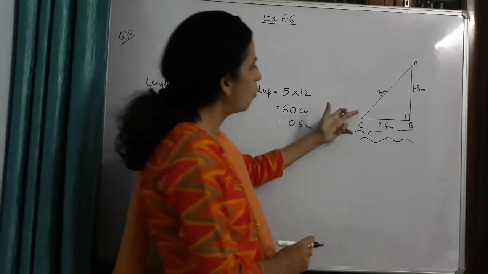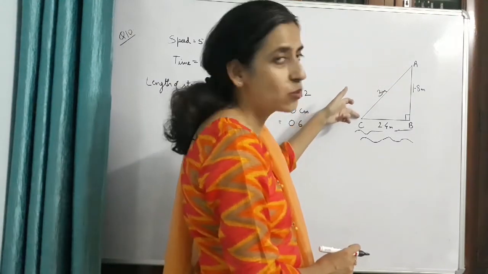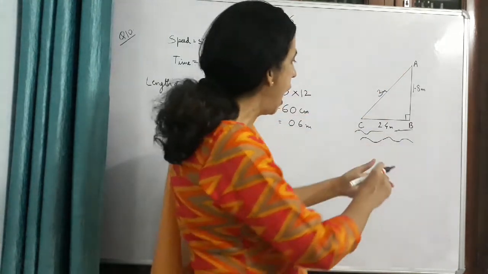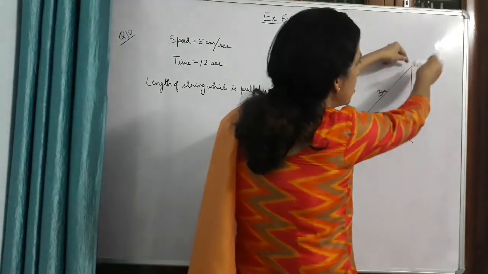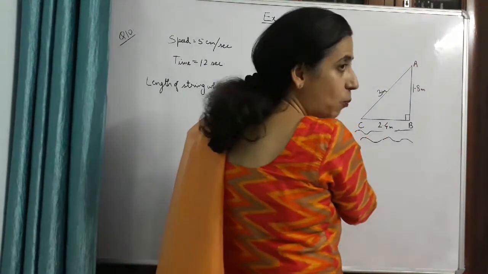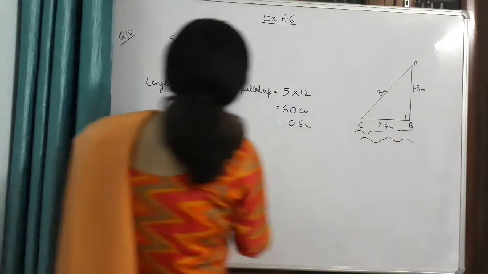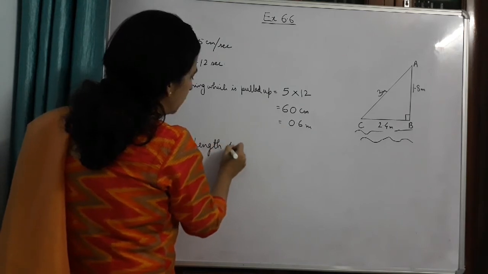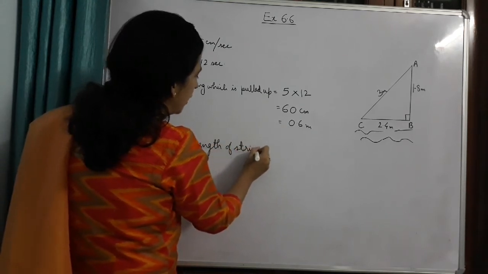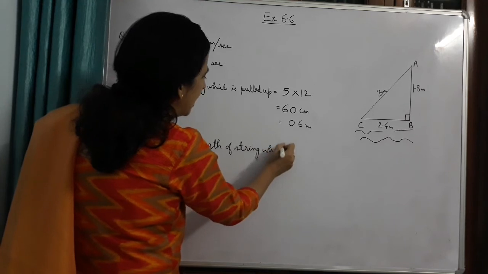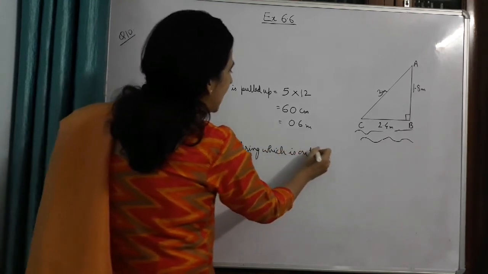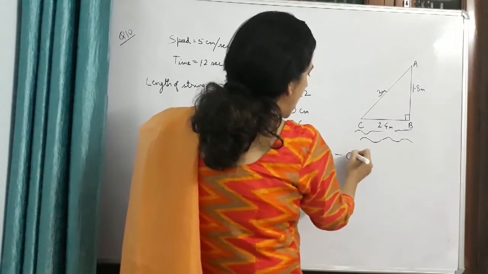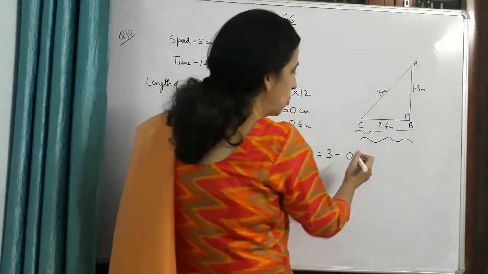But earlier, what was the total length of the string which we had found out? 3 meters was outside, out of which she is pulling up the string from here. So now 0.6 meters is being pulled up. So length of the string which is out is, total length was 3 meters minus 0.6 meters which is pulled up.